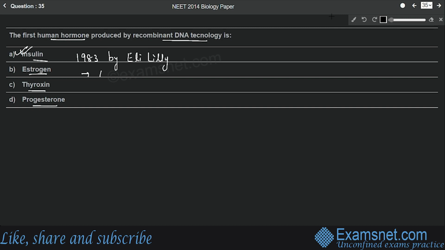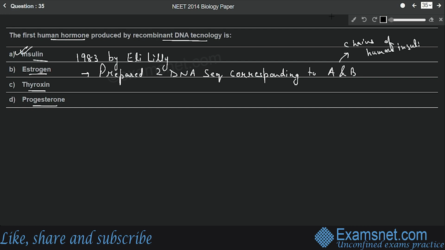The company prepared two DNA sequences corresponding to the two chains, chain A and chain B. Okay, so these are the chains of human insulin. These chains are not prepared directly.